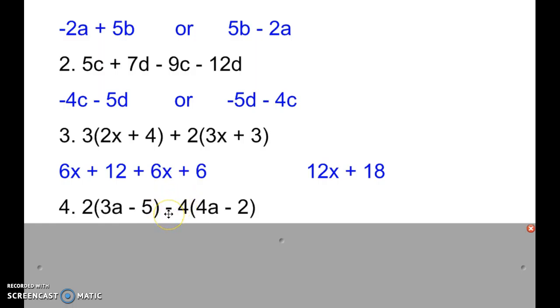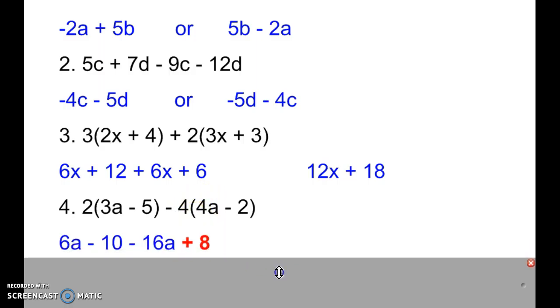What that means is that the sign of everything in this bracket is going to change. So we're going to end up with a minus 16a there, and very importantly, negative times negative, the number term on the end is going to be positive.